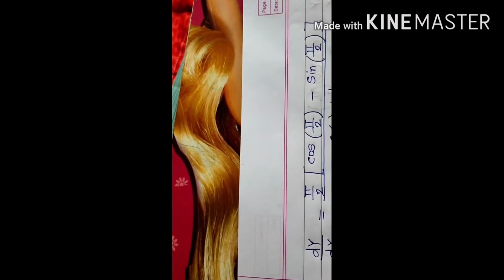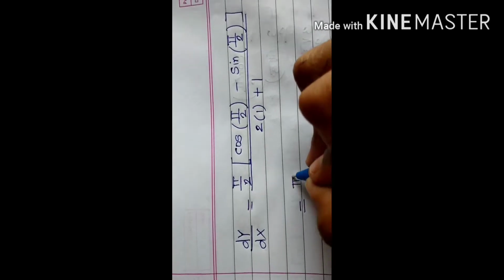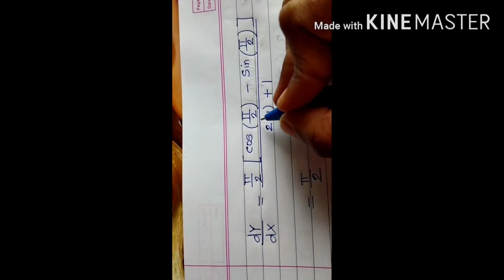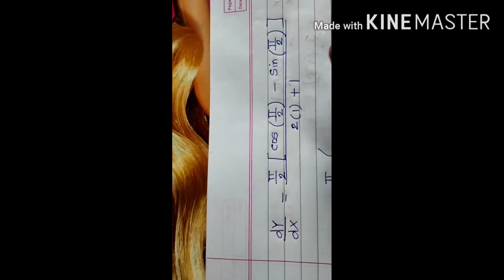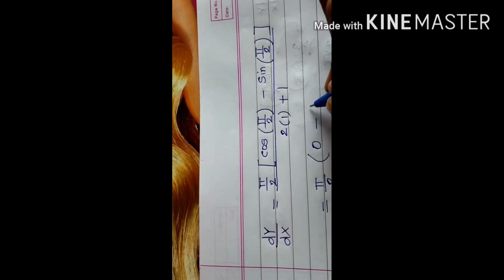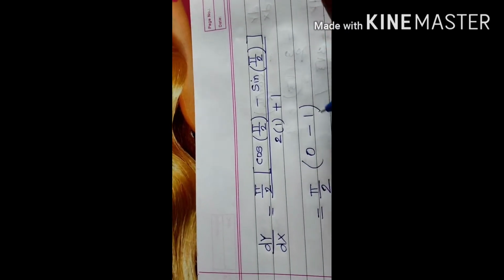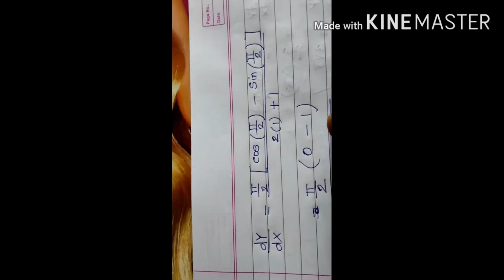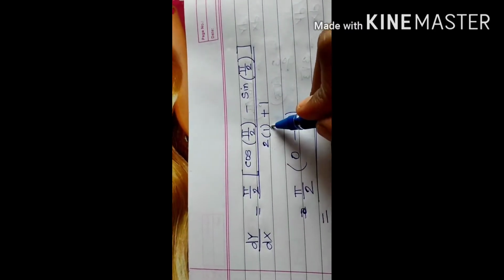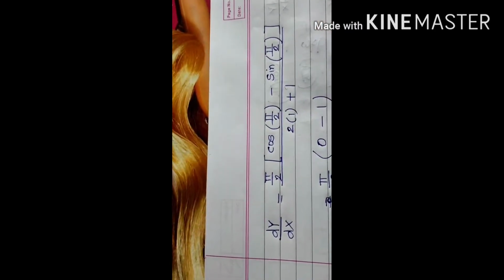So it becomes pi by 2 cos pi by 2, which is 0. So write 0 minus sin 90, which is 1, upon 2 into 1 is 2, 2 plus 1 is 3.